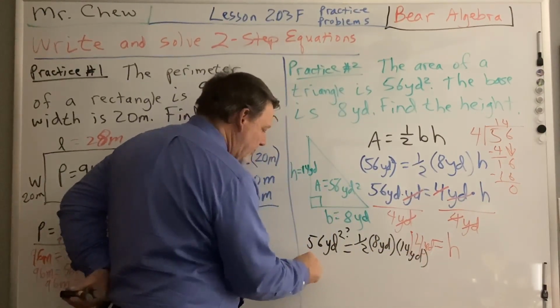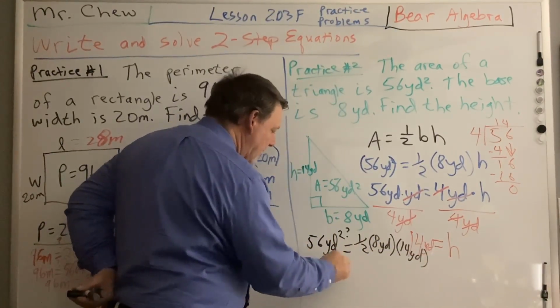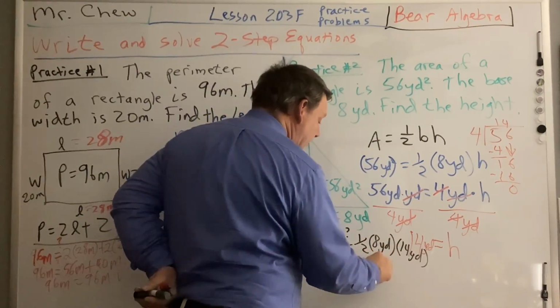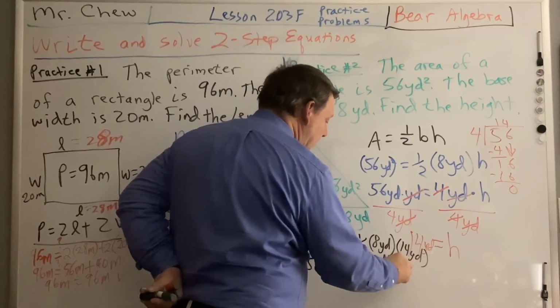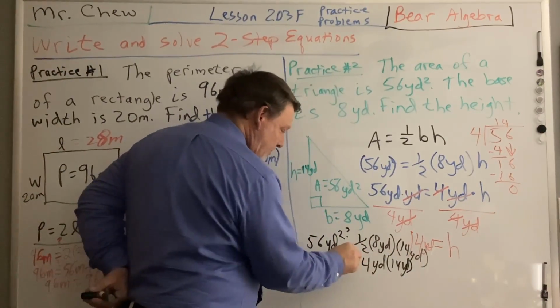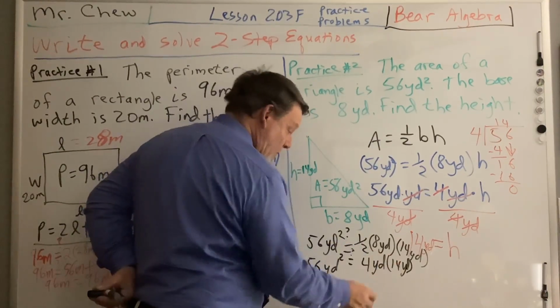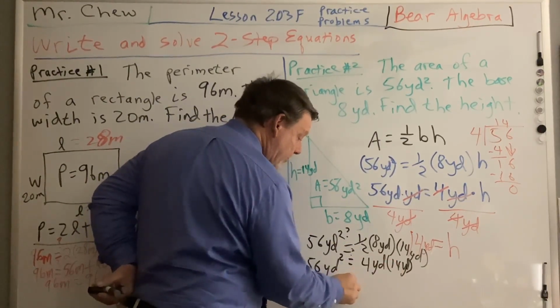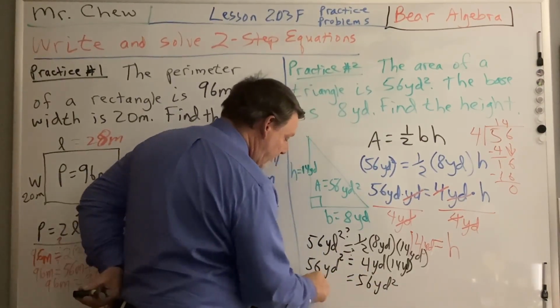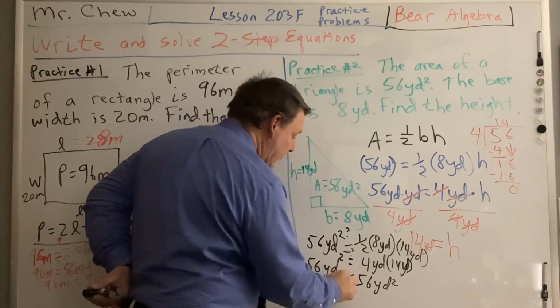So now I'm going to simplify the right. 1/2 of 8 yards is 4 yards. And then there's a question mark above the equal sign. 4 yards times 14 yards is 56 yards squared. And that equals 56 yards squared. Check.